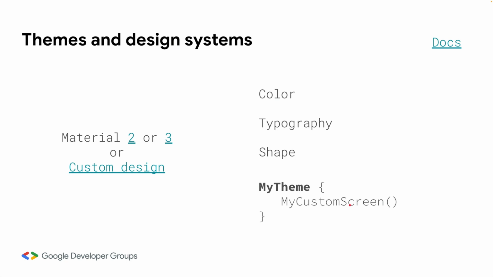So this My Custom Screen is a complex set of composables all together, and if you wrap a composable in a theme, the theme values for, say, the color and the typography and the shape will be available all the way through your whole app and will change all of the components in your app. There are two flavors of themes provided. One is Material 2 and the other one is Material 3. Material 2 is older, so there's a recommendation to use Material 3, but you could also build your own custom design, and there's a link on how to build your own custom design.